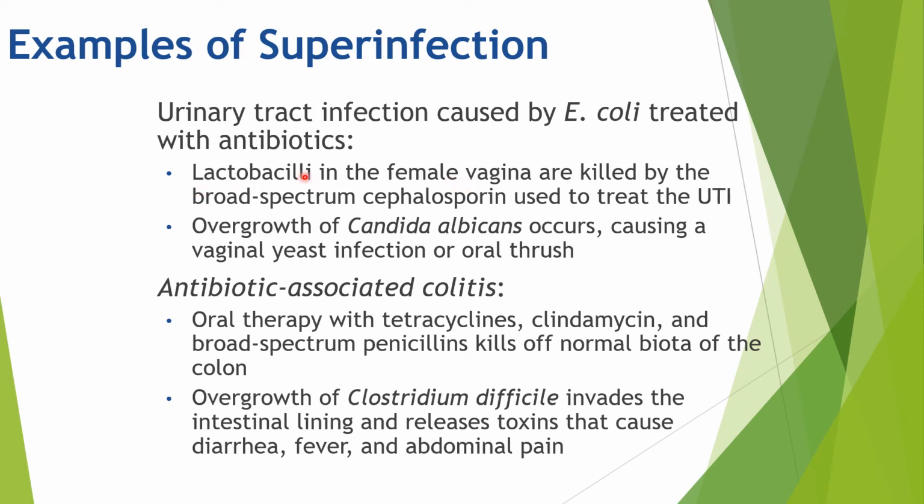So when those lactobacilli got killed, the pH in the female's vagina is going to change and it's not going to be acidic anymore, and the Candida albicans is going to start overgrowing. And when the Candida albicans overgrows, that's going to cause a superinfection. That's going to cause a yeast infection, or it's going to cause oral thrush.